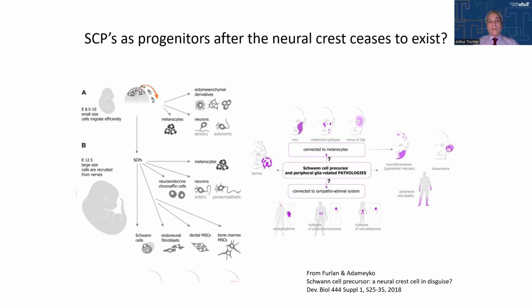The different paths of migration and different waves of migration of Schwann cell progenitors may explain a number of previously unexplained phenomena, including different types of skin pigmentation and different characteristics of neuroblastomas, as well as paragangliomas that arise in different locations.